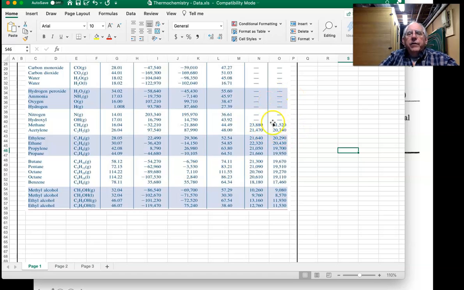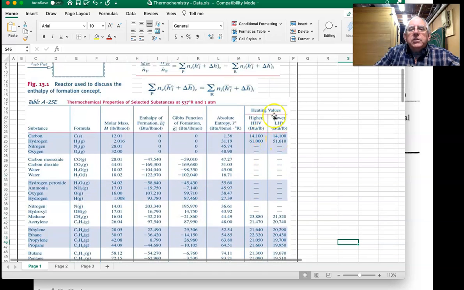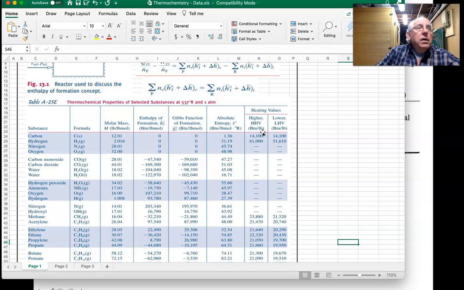And if we allowed the water to come out as a gas, it would be a little bit less energy that we would have to pull away. Once again, the difference between these numbers corresponds to the latent heat of the water. And again, these numbers are BTU per pound of the fuel itself.